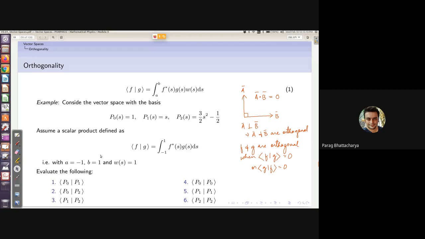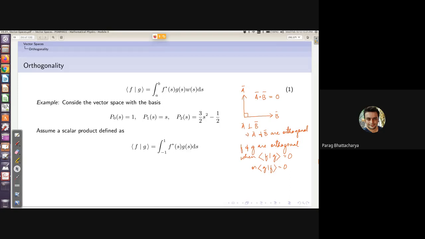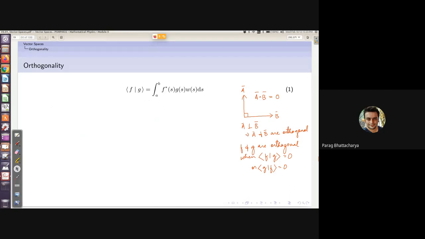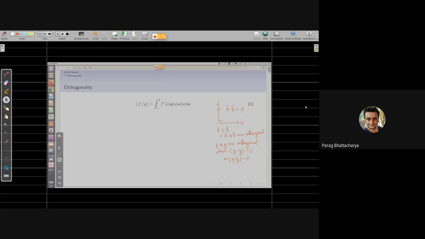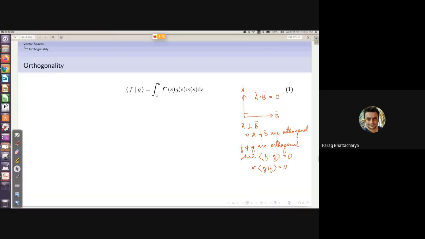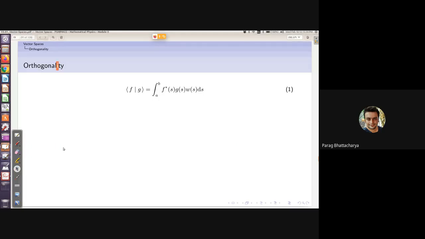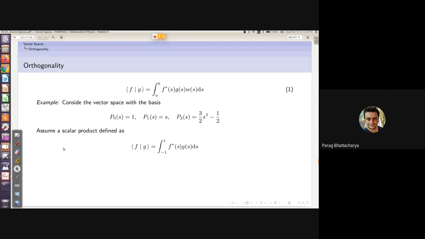I have a vector space whose basis is P0, P1, and P2, and I assume a scalar product defined in this way.